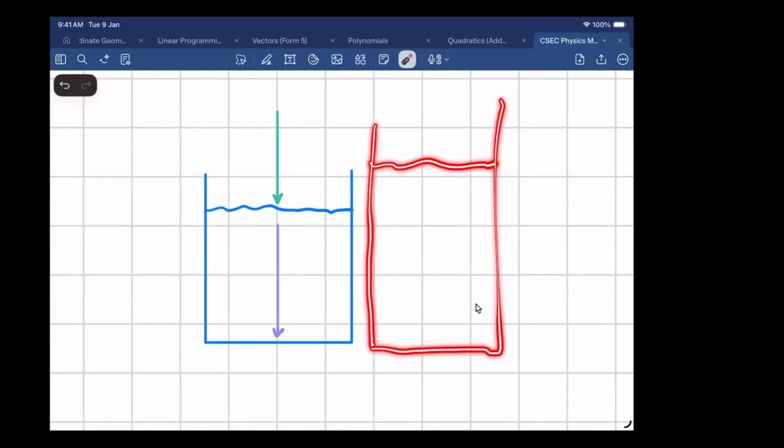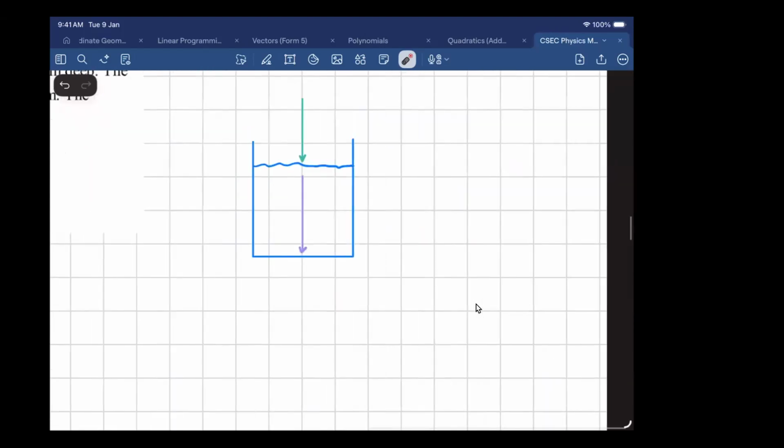Would the pressure be less or more? What do you think? If the height is more, the pressure will be more. More, right? Because when you think about it, wouldn't there be more vertical water pressing down on the object? Yes. Great.